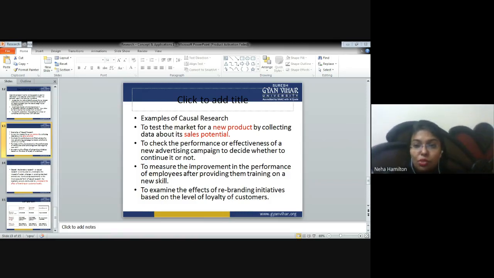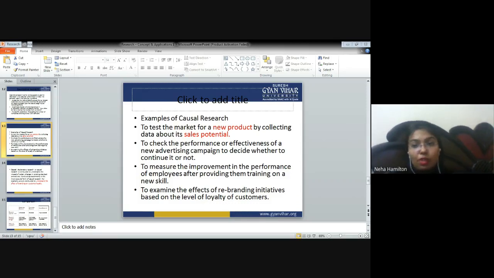Then you want to measure the improvement in the performance of employees after providing them training or new skills. So you are providing your employees with a particular kind of training, and you want to check whether that training is useful for the employees or not. This is also causal research. We have two variables, the effect of training and the performance improvement of employees, right?